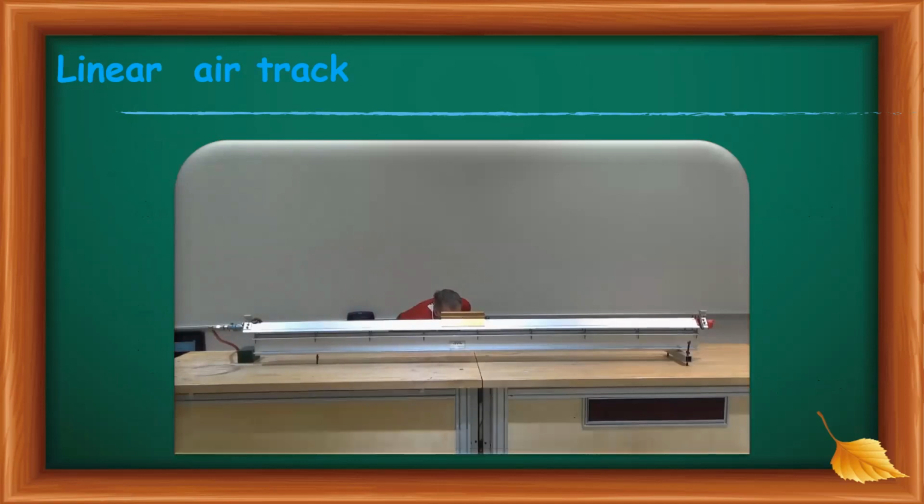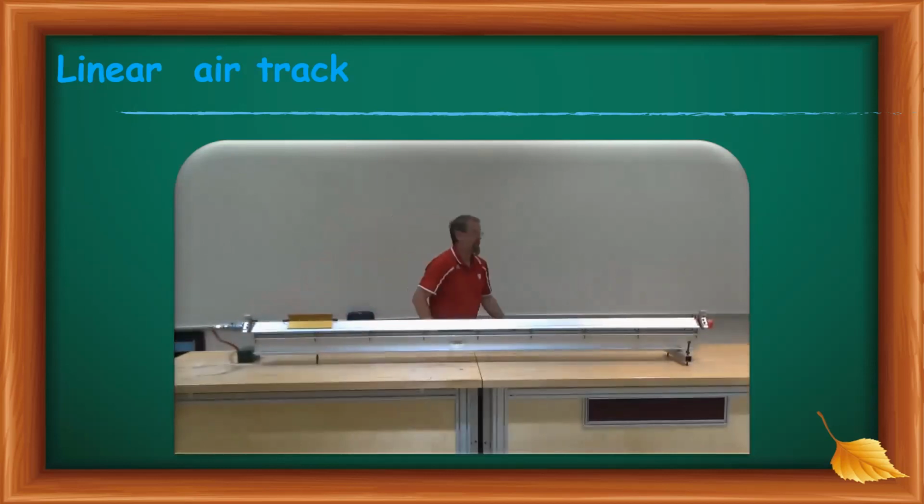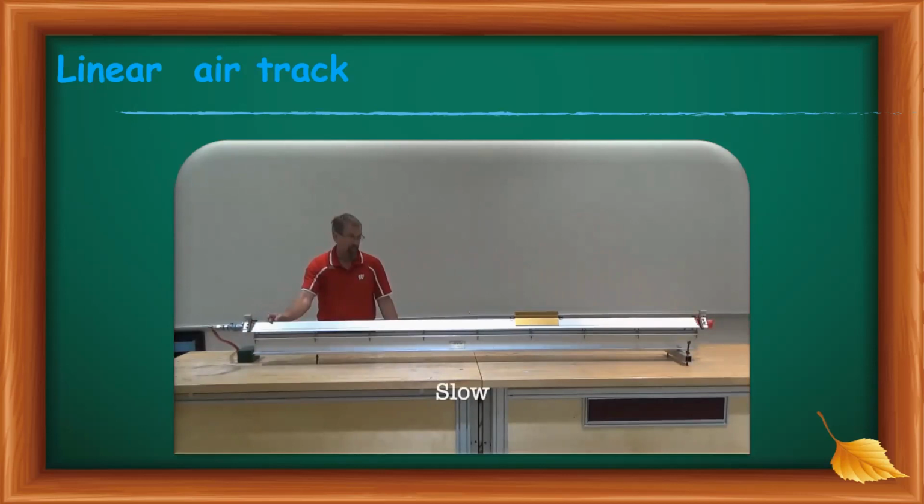Here, he is turning on the air compressor and checking the levelness, and when he puts the rider, it stays there, and then he gives a kick. It moves slowly and then it returns back.